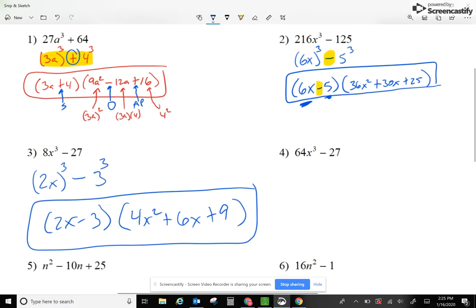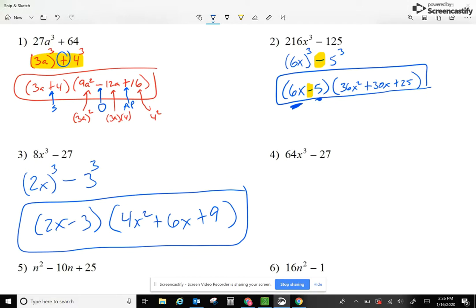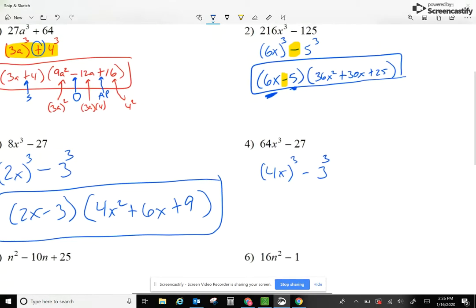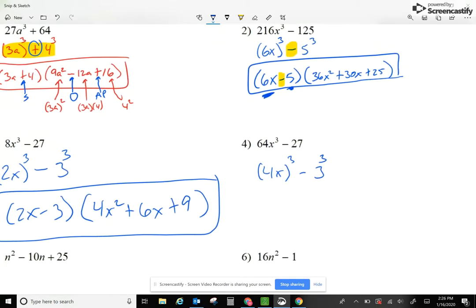Let's take a look at question number 4. I must write everything to the third power. So I have this as 4x to the third power minus 3 to the third. I know 4 to the third is 64. I know 3 to the third is 27. My first parentheses, remember I'm going to respect that minus sign. My first parentheses is going to be 4x minus 3.